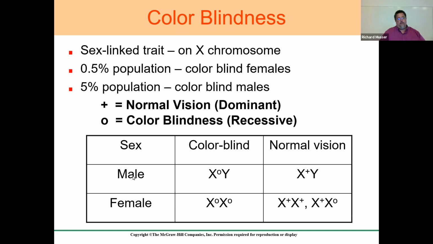So men who have the X chromosome for colorblindness have no corresponding gene on the Y chromosome, and so they are colorblind. So they need a mother that gives them the normal gene, and then they're going to have normal vision.